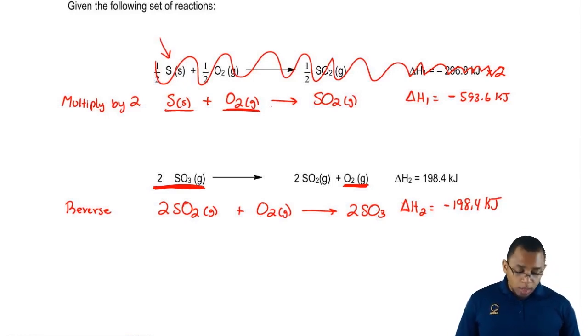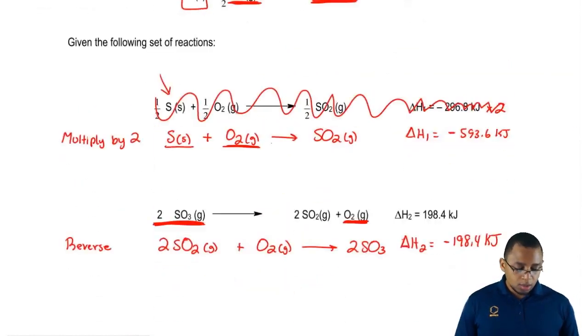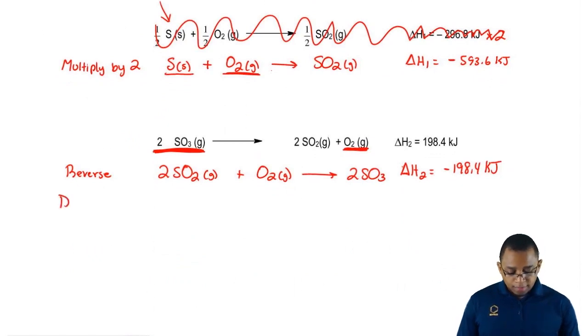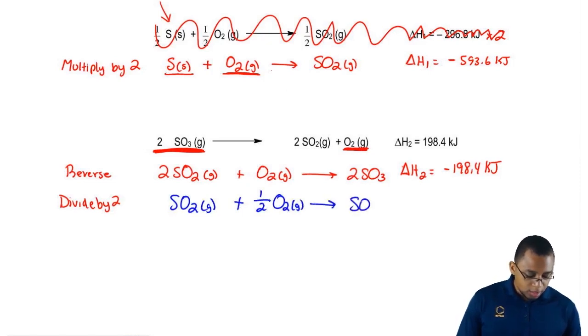Now, we have 2SO3 as a product, but we only need 1 mole of SO3 because that's what we have up above here. So what I need to do lastly is divide by 2 because we need to get rid of that 2. So this becomes SO2 gas plus half O2 gas gives me SO3 gas.